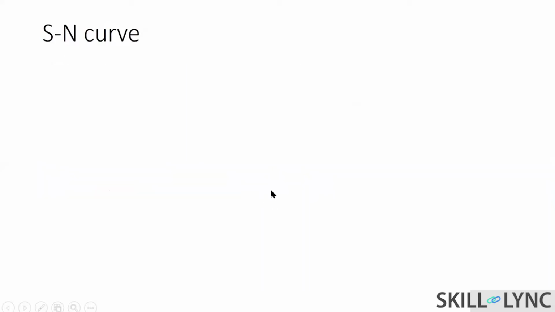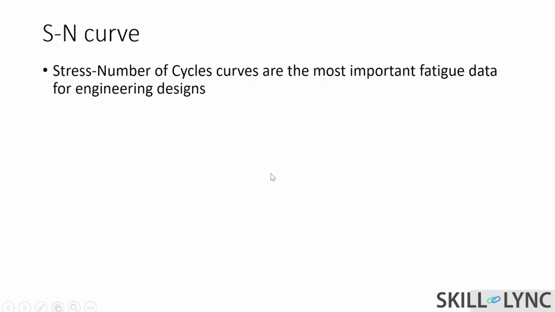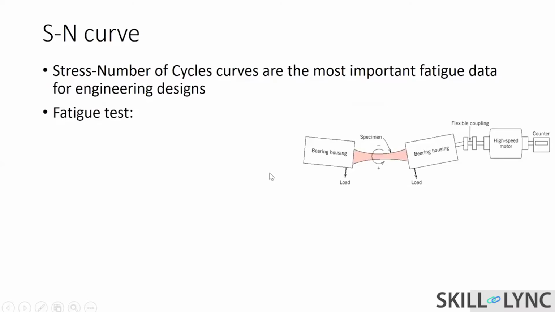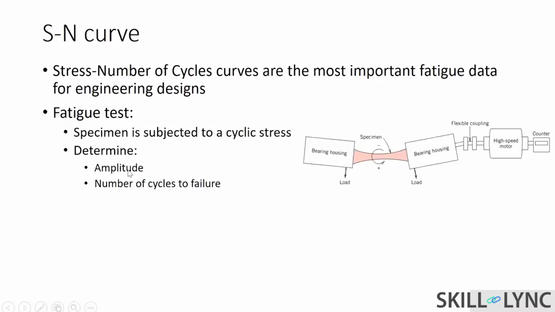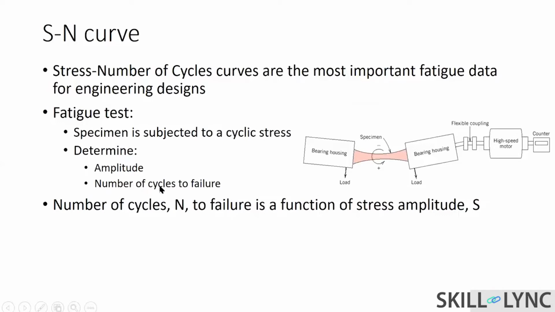When you talk about fatigue, there is one important step you come across, which is the S-N curve, which has to do with the amplitude and number of cycles to failure. Generally they run a test, give some repeated loading, give some specific load, and see how long it takes for it to fail.